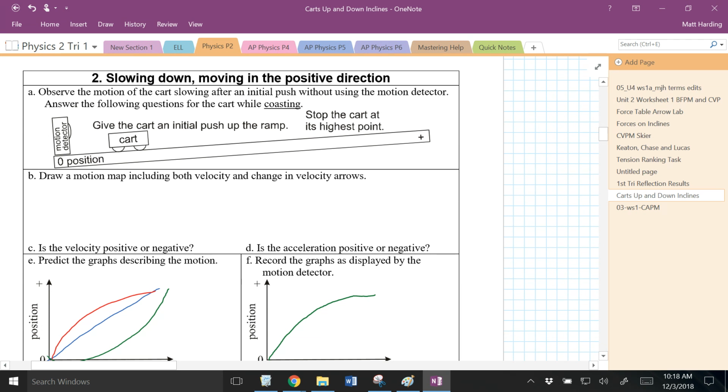And then think about how that would look for this thing. This thing's slowing down. This thing's getting slower, so it's going to start out with a bigger velocity. But then over time, those arrows are getting smaller, okay?